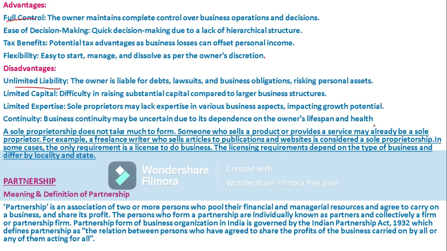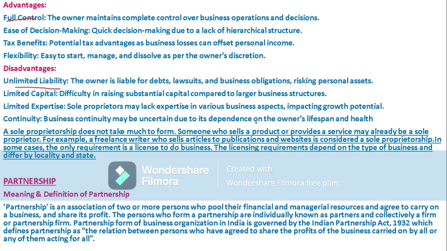For example, if a person is running a retail shop and suddenly has any health issue, or if that person dies, there will be no other person to continue the business. So continuity is a disadvantage in sole proprietorship.